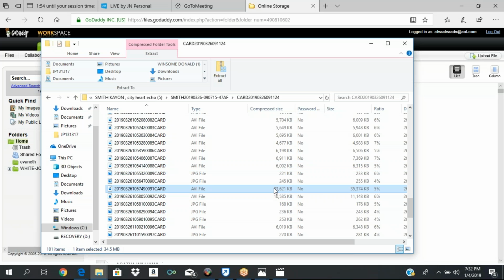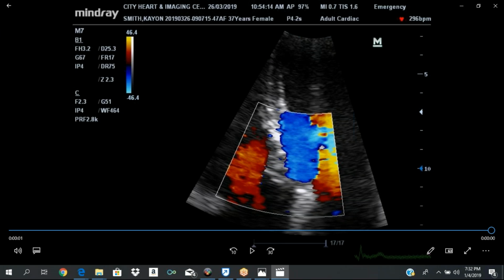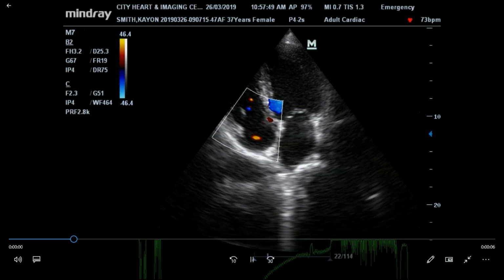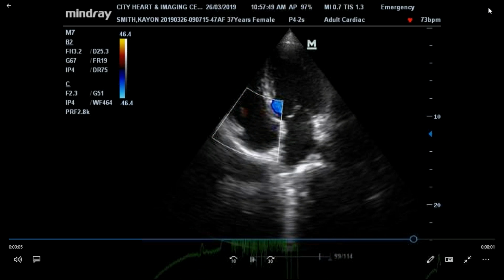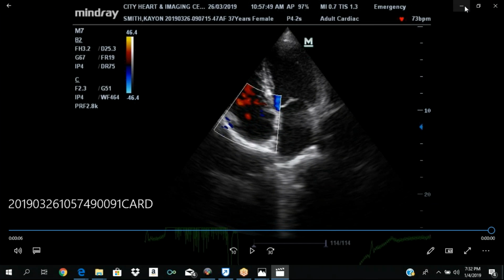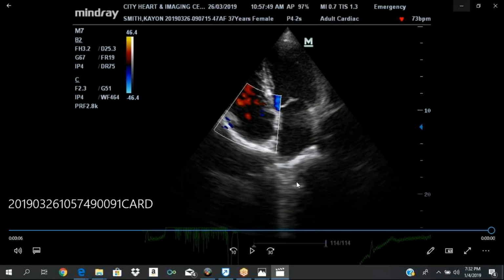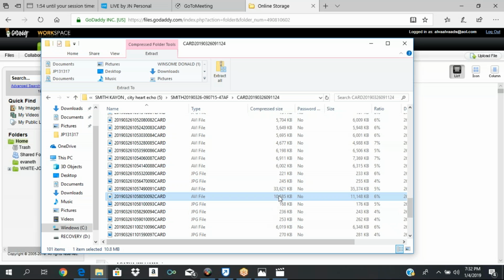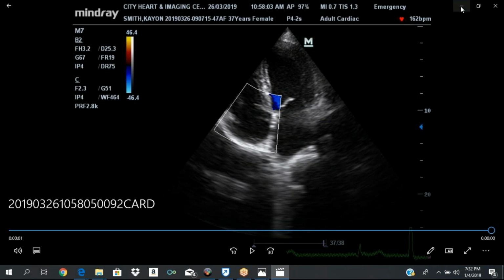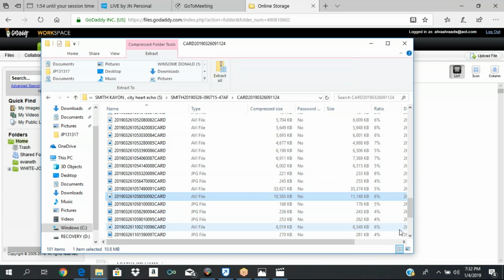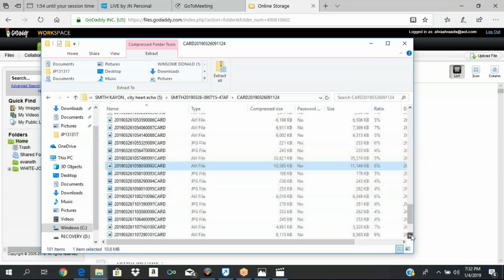So from the 4-chamber view, you can get the 5-chamber view, you can get the 2-chamber view. To get the 2-chamber view, you rotate the transducer or the probe counterclockwise just a little bit, and then you get your 2-chamber view.